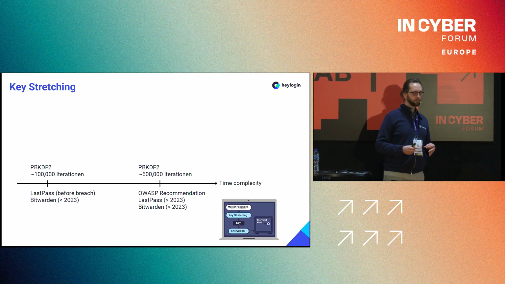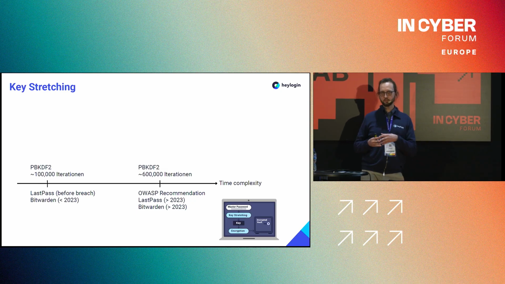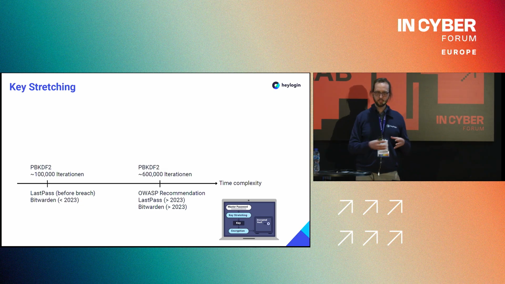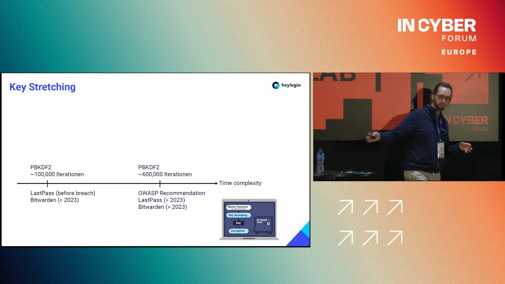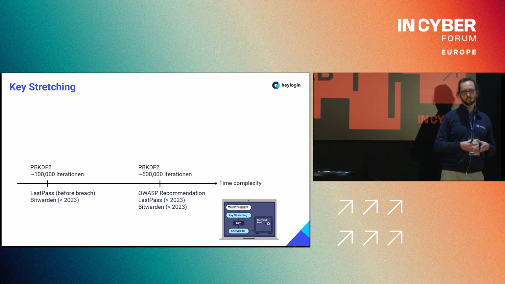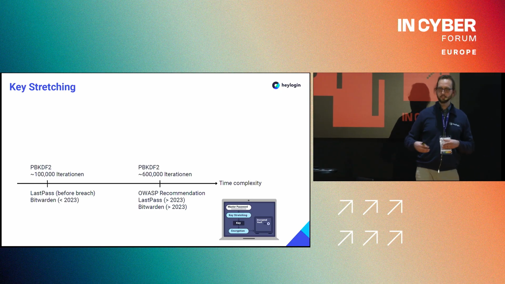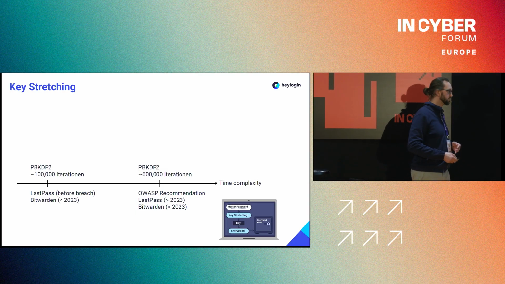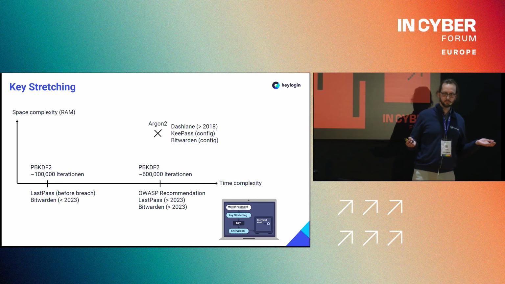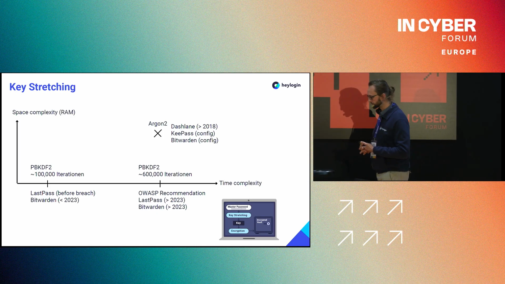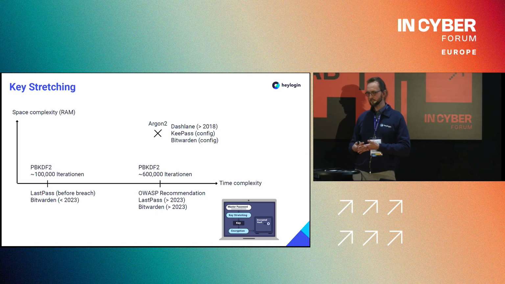So typical key derivation or key stretching functions work on CPU, right? It's just time complexity. If you study computer science, you know the big O notation, that's time complexity. And if you increase iterations, it takes more time, it takes more CPU power, it gets more expensive to brute force. There are new algorithms out there, for example Argon2, which is the successor, let's say.